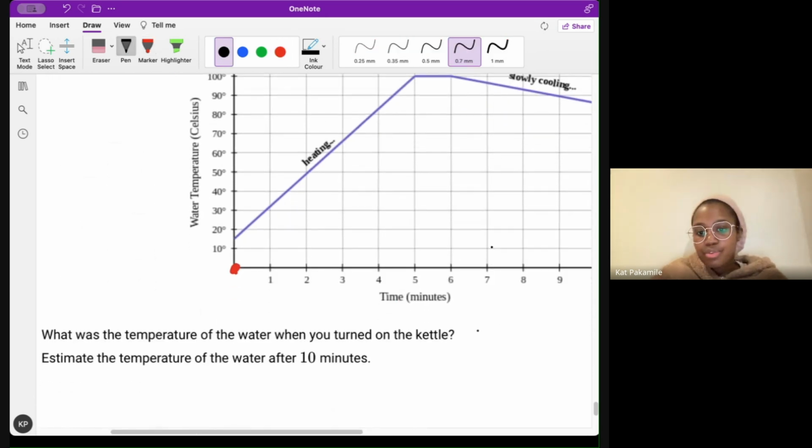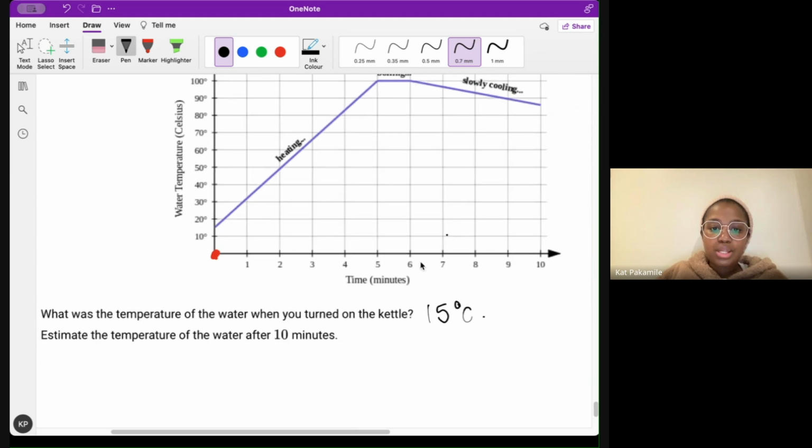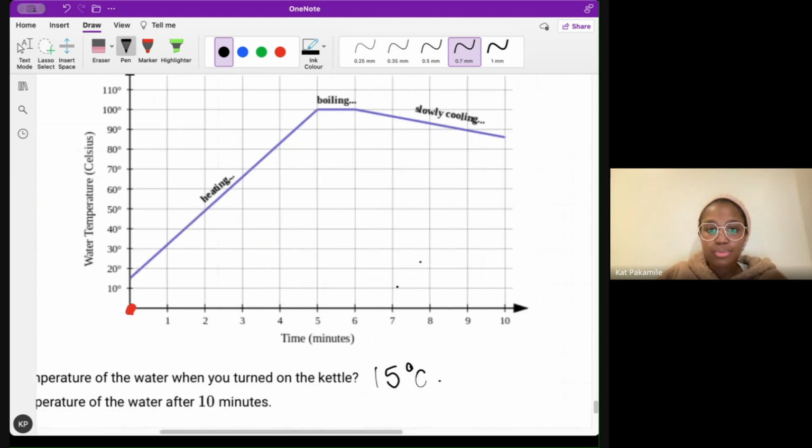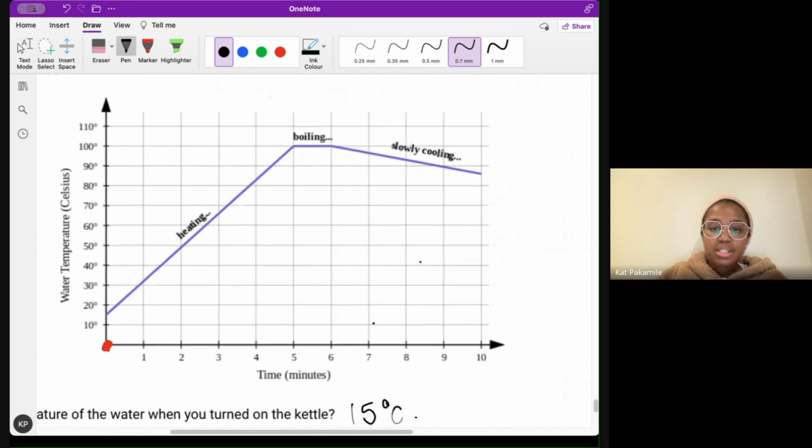So the temperature of this water was about 15 degrees Celsius or 17. So we usually take a range in such questions. Okay, so there won't be one correct answer. We'll take a range of answers. And then estimate the temperature of the water after 10 minutes. There we go. After 10 minutes, which means over here, what is my temperature?